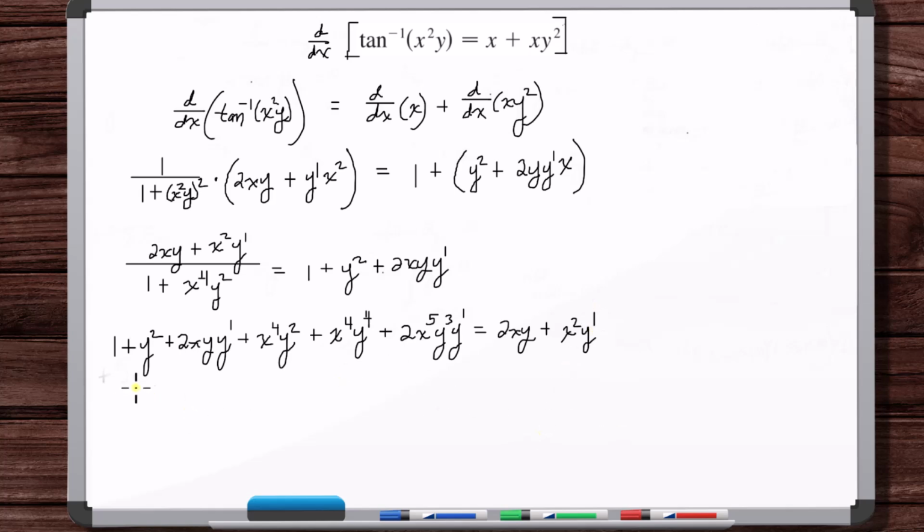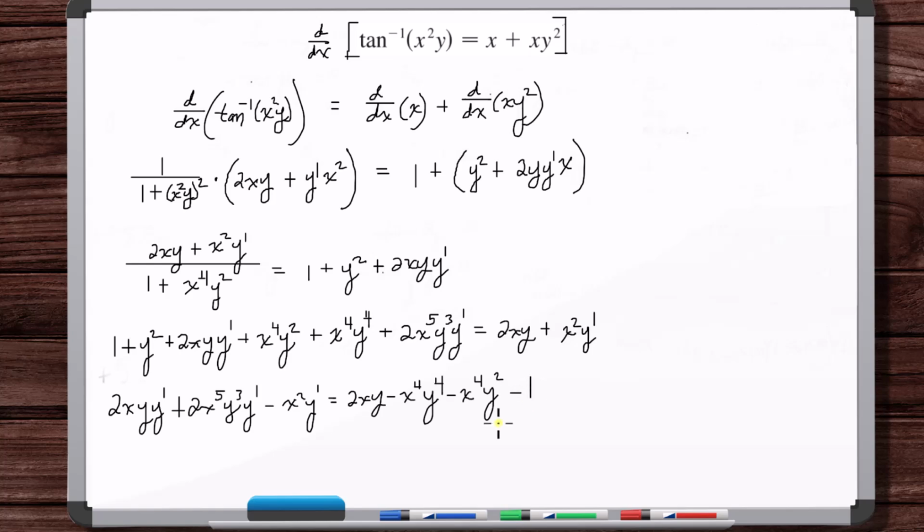Okay, now let's bring all of the y prime terms to one side. 2xy y prime plus 2x to the fifth y cubed y prime minus x squared y prime is equal to 2xy minus x to the fourth y to the fourth minus x to the fourth y squared minus 1.